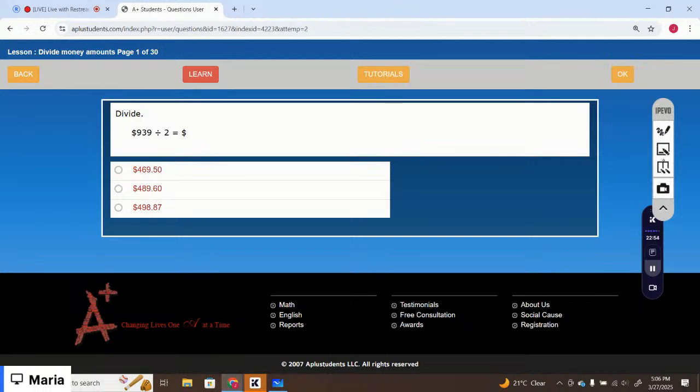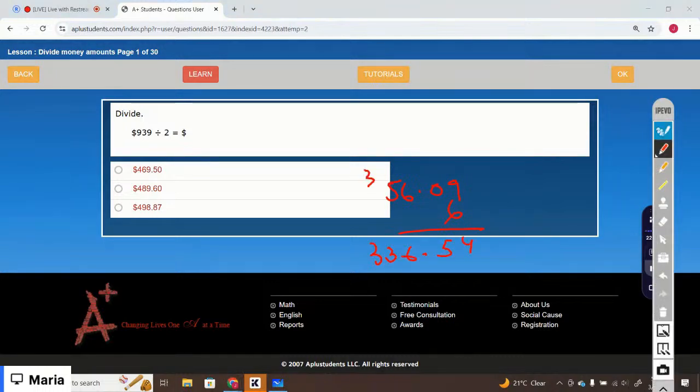Let's divide using the long division method. 2 times 4 is 8. 9 take away 8 is 1. Bring 3 down. 2 times 6 is 12. And bring 9 down. 2 times 9 is 18.